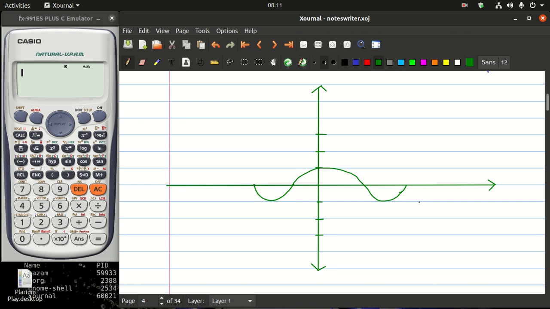So if this one here is y is equal to cosine of x, now I want to find out y is equal to cosine of 0.25x.